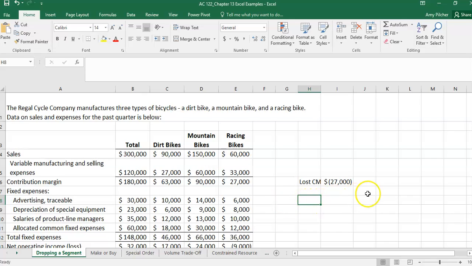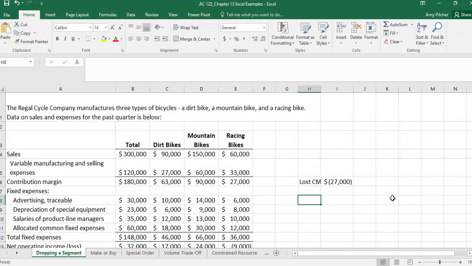We also are going to lose whatever fixed expenses are attributed to the racing bikes division. So remember, from many chapters that we've looked at, when we're looking at segments, we have 2 different kinds of fixed expenses.